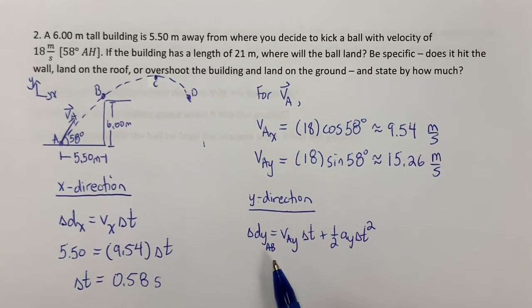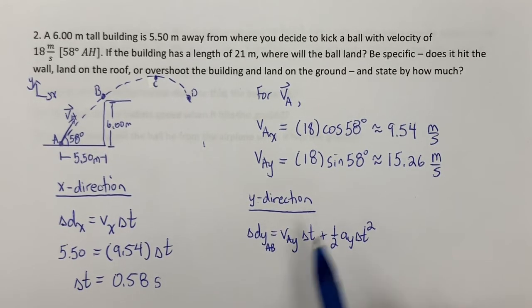This equation is good because it uses the initial velocity, which we know, the time that we now know, and the acceleration due to gravity to find the displacement in the y direction.